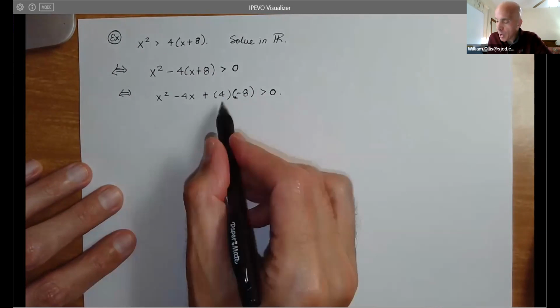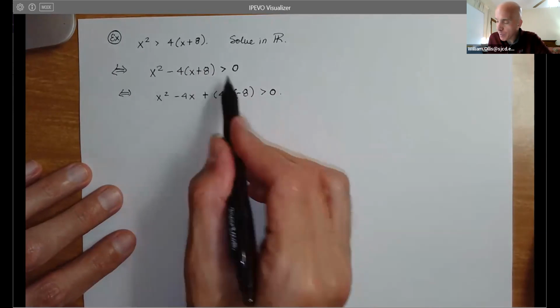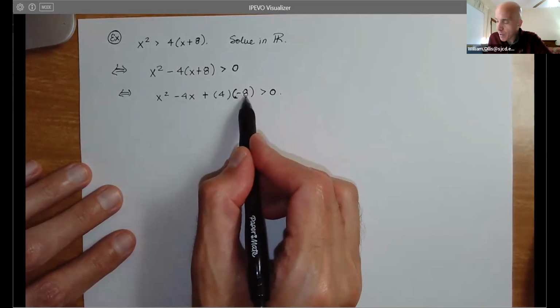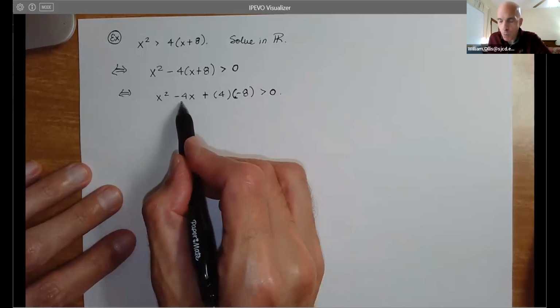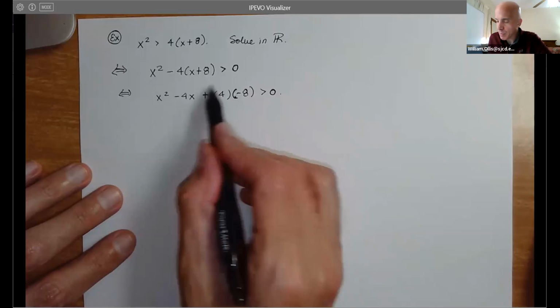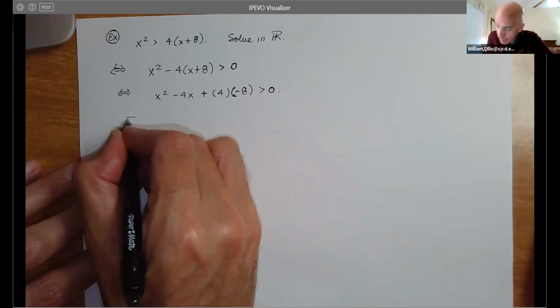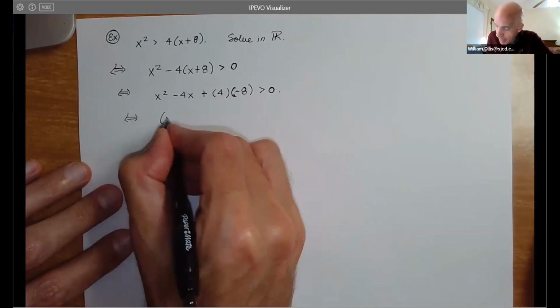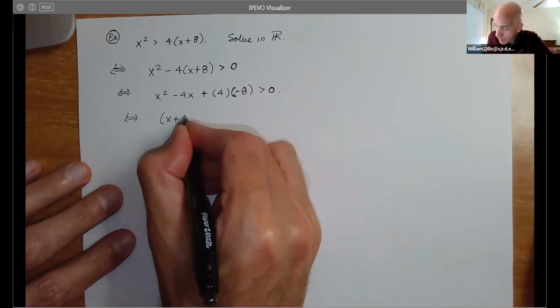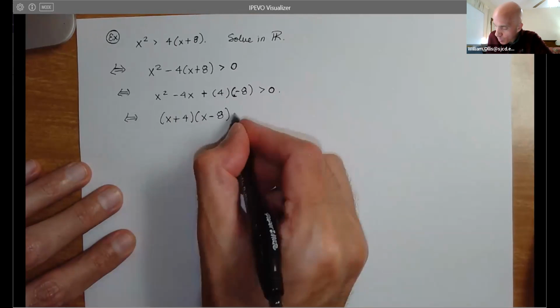So notice this is AC right here. If I put the negative with the 8, the -8 plus the 4 gives me -4. So this factors. That's my Z and that's my W. We wish all of them were this easy. So now, equivalently, we have x plus 4 times x minus 8 is greater than 0.